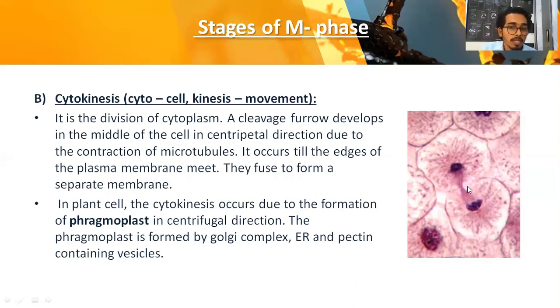The cell plate starts from the center of the cell and moves towards the periphery. These phragmoplasts are formed by three organelles: the Golgi complex, the endoplasmic reticulum, and lastly the pectin-containing vesicles.